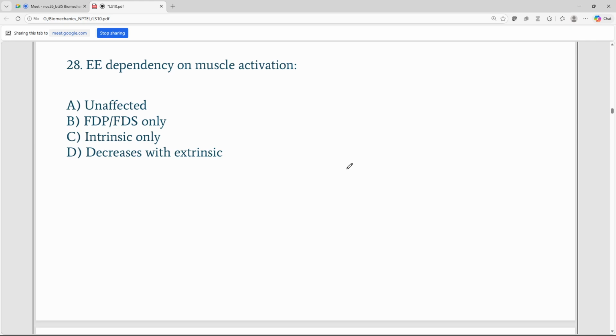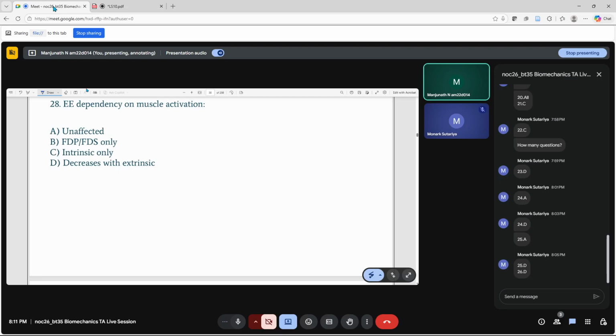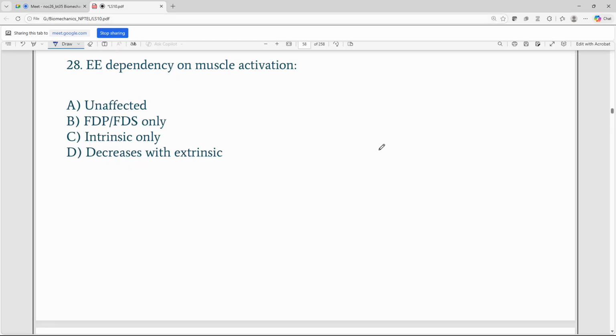Option D, it decreases when the extrinsic muscles are primarily used. You can inbox your answers.